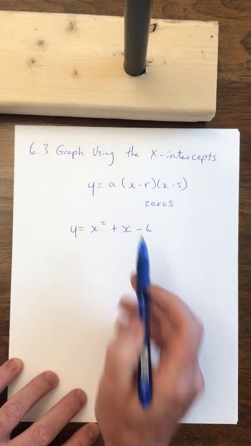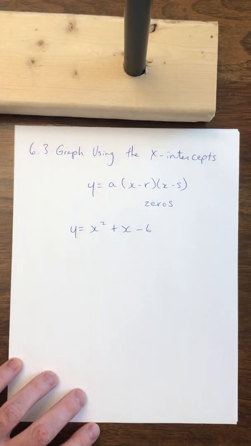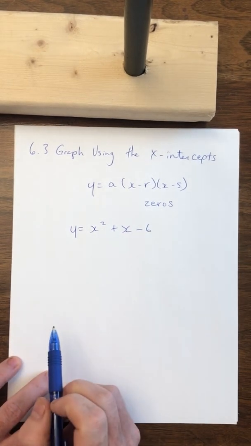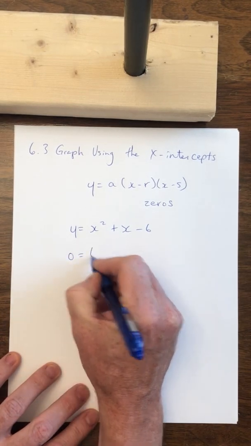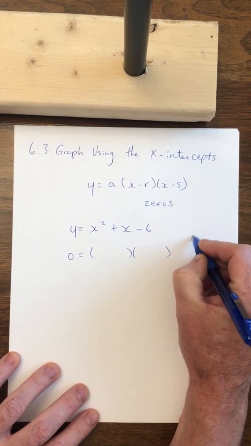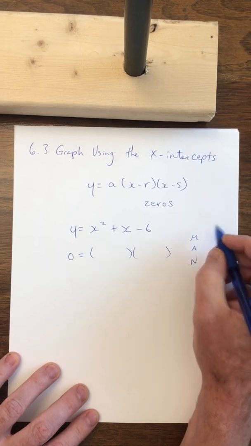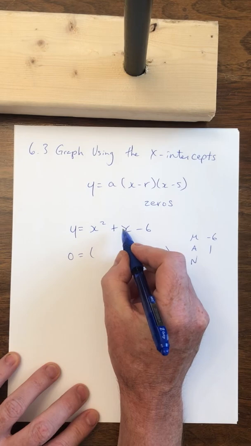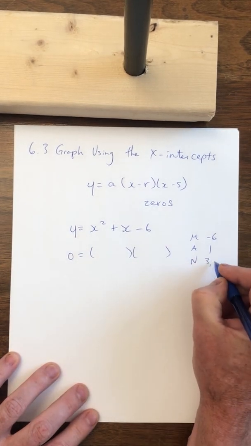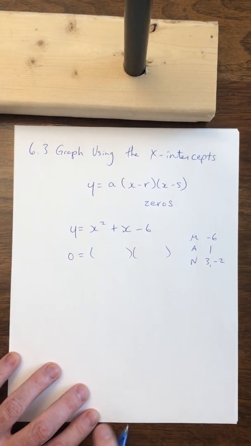So we have a parabola here in standard form. We want to change it into factored form. So we can man this out. Our two numbers have to multiply to -6 and add to 1. And our numbers are going to be 3 and -2.